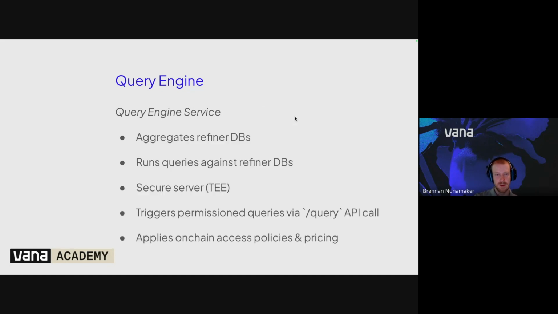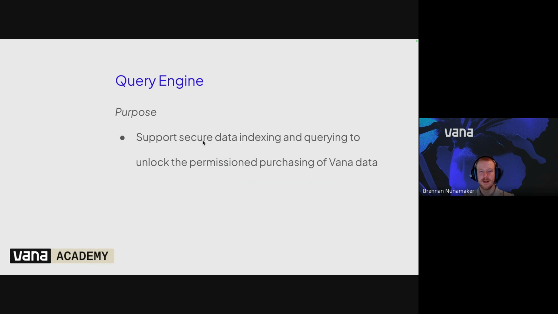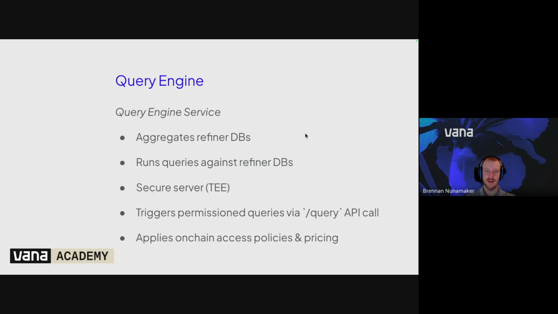There is also a query engine service, which is another secure server environment, or TEE. And as we said, it supports secure data indexing so that it can later be queried, right? So in the query engine service, this indexing is essentially the aggregation of refiner databases.